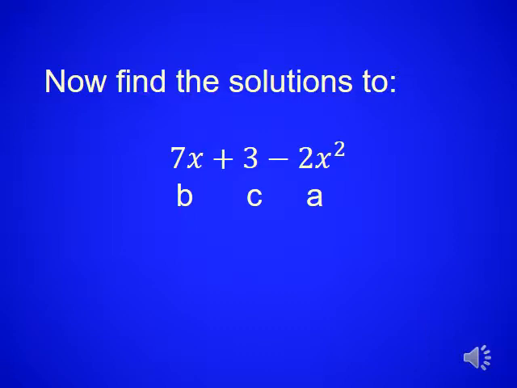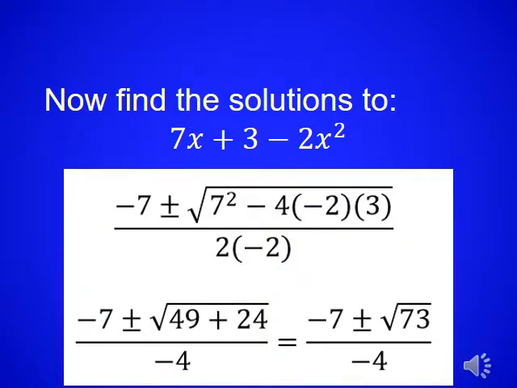You got to make sure that you have right what's A, what's B, and what's C, because this one's not written in order. And again, A is going to be the number by x squared, so negative 2. B is your coefficient on x, so 7. And C is the number by itself, which is 3.